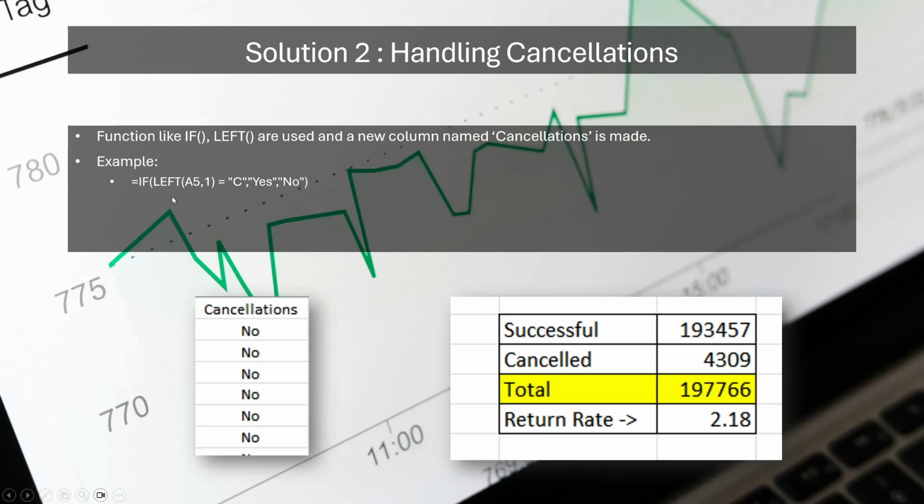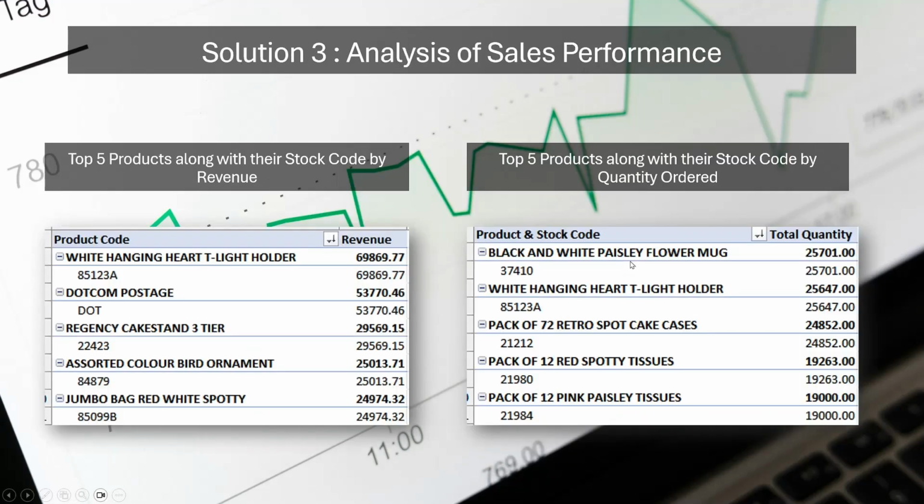I used IF and LEFT in nested form so that if the letters started with C, then it will be yes, otherwise no. Counting these no and yes, I got this data. The number of successful orders was 193,000, while the cancelled ones were 4,300. This way, cancellations were handled.